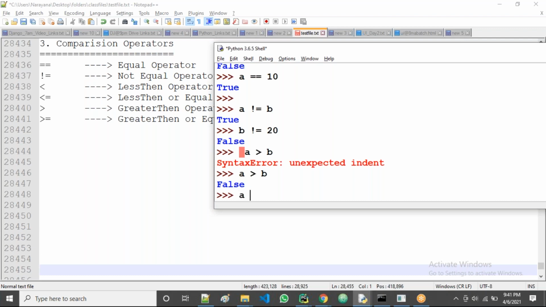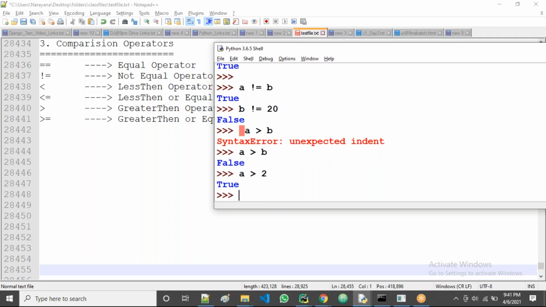The same one, suppose a greater than 2. A greater than 2, true or false? True. I'll take now, suppose b greater than a.